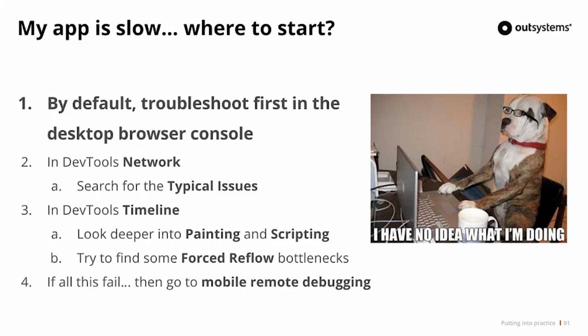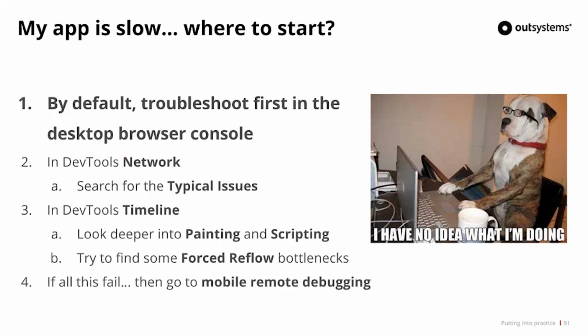So, my application is slow. Where to start? Well, by default, troubleshoot first in the desktop browser console, because in most cases we can reproduce the problems on the desktop, and we don't need to go to mobile first, because it is a much slower process.